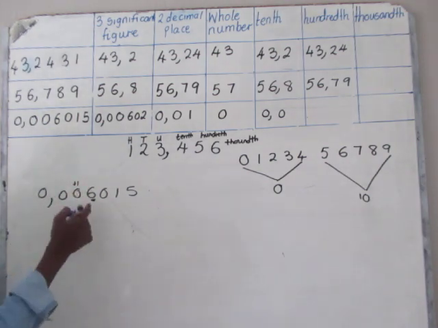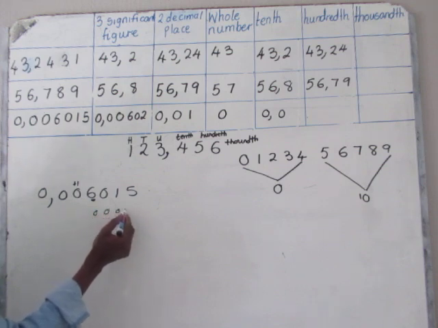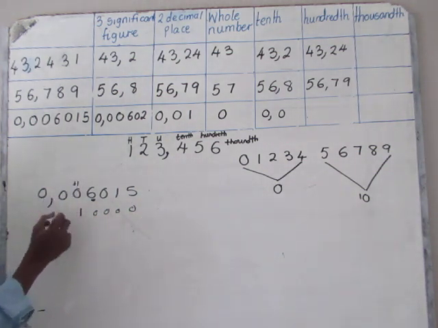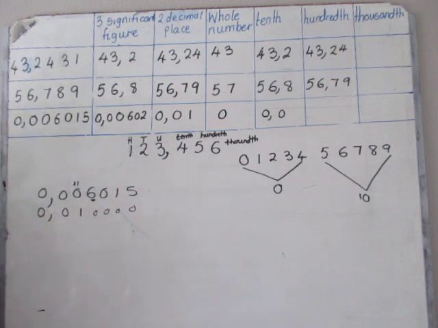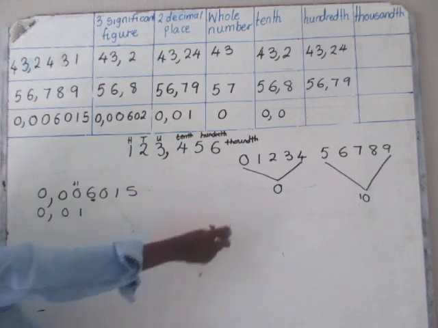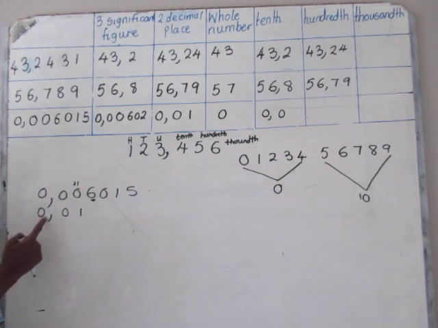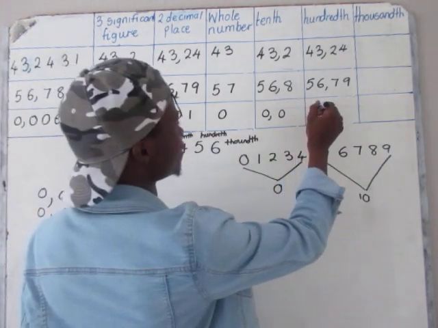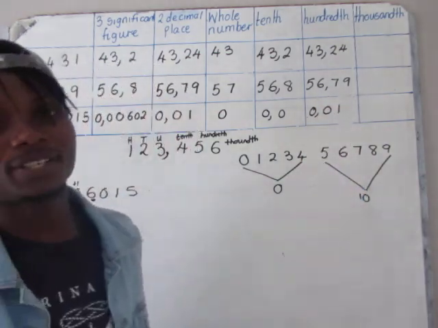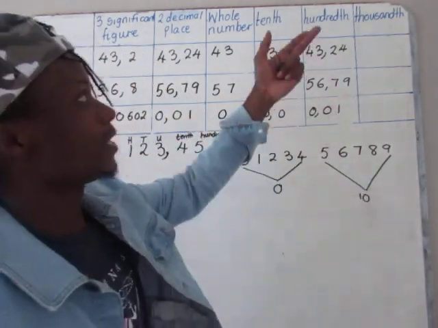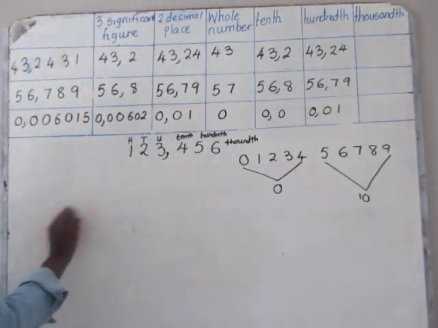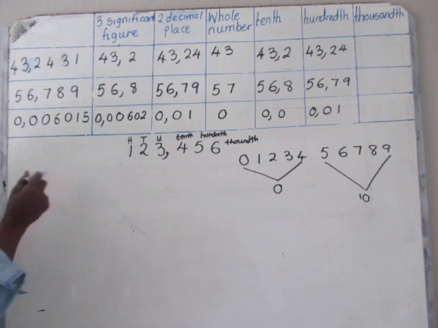So 6 becomes 0, and the rest of the numbers become 0. 1 plus 0, that's 1. We have our 0 and our comma. So all these numbers disappear, and we're left with 0.01. That's pretty simple, isn't it? So rounding off to the nearest hundredth is pretty simple. It just follows the same basics.